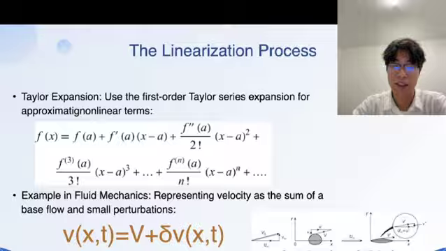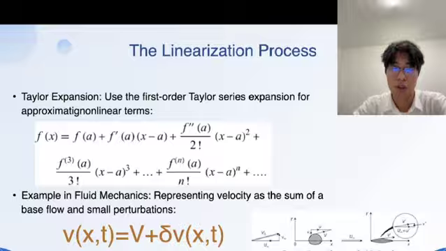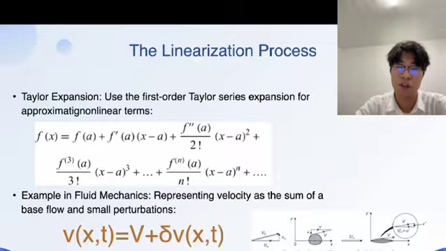In fluid mechanics, we often deal with velocity fields, pressures, and other variables that depend on spatial and temporal coordinates. When the deviations from an equilibrium state are small, we assume that the fluid quantities can be expressed as small perturbations around the base state.